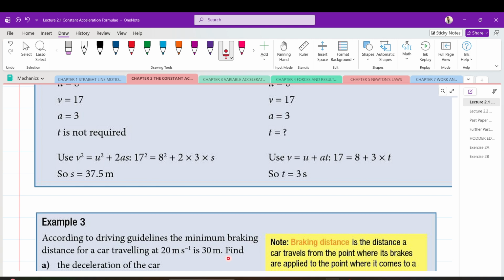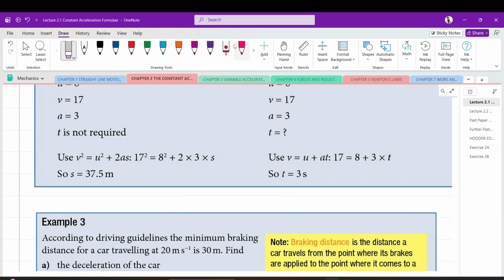The car does not immediately stop, because that would be harmful, that would be dangerous. So you apply the brake slowly, from the point you start to apply the brake until the point that your car stops. So let's say this is where you applied the brake, and this is where your car has finally stopped. The distance between applying the brake and stopping the car, that is what we call braking distance.